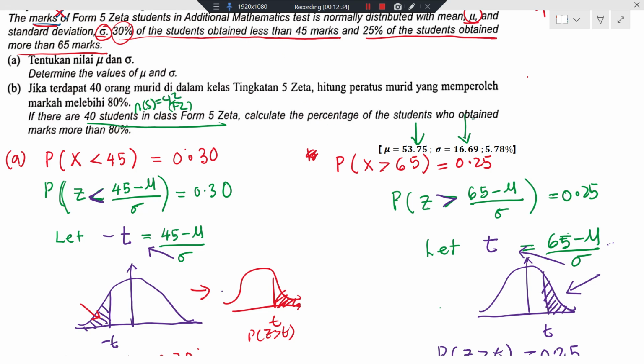Calculate the percentage of students who obtained marks more than 80%. Okay. This percentage represents the 80 marks. Correct? Calculate the percentage of students who obtain marks more than 80%.